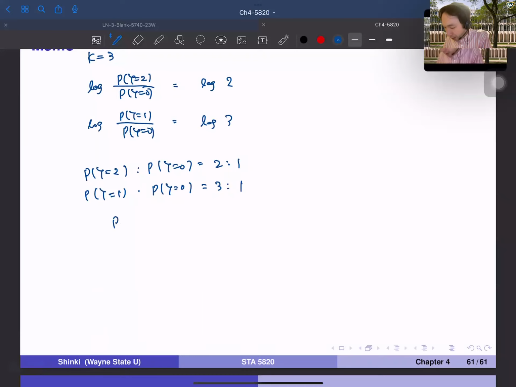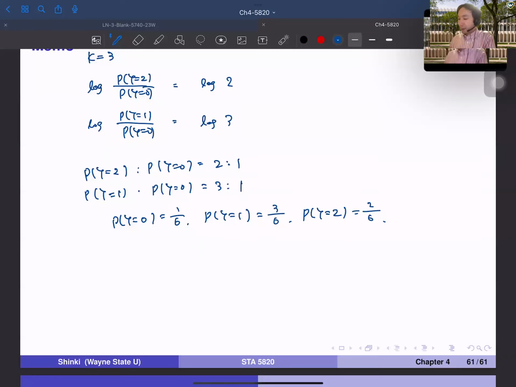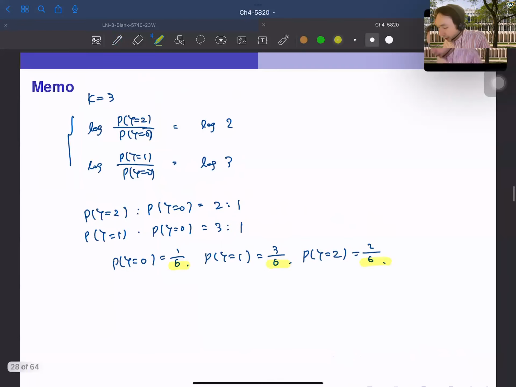So P of y equals 0 is 1 over 6, P of y equals 1 is 3 over 6, and P of y equals 2 is 2 over 6. So based on these two models, we can identify all three probabilities. Sorry for the terrible writing, but that is what multinomial logistic regression does.